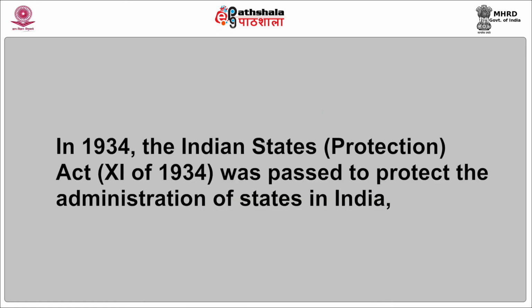In 1934, the Indian States Act was passed to protect the administration of states in India which were under the authority of His Majesty from activities which tended to subvert or excite disaffection towards or to obstruct such administration.